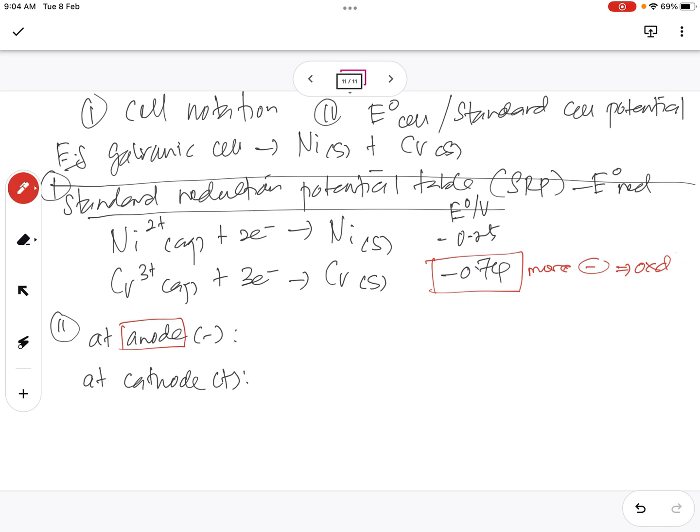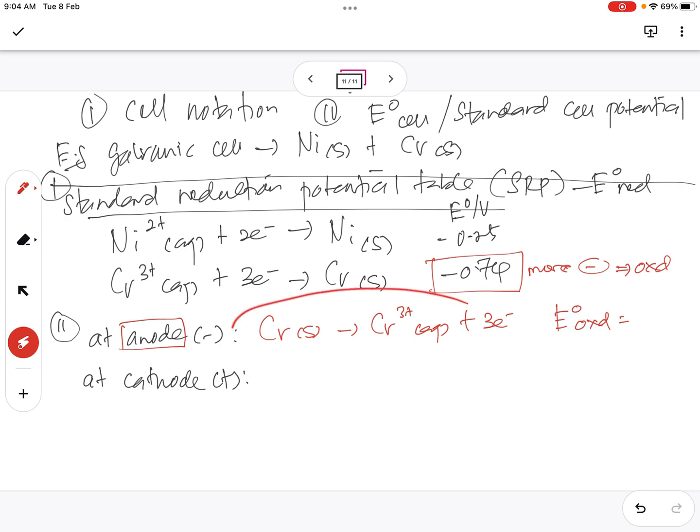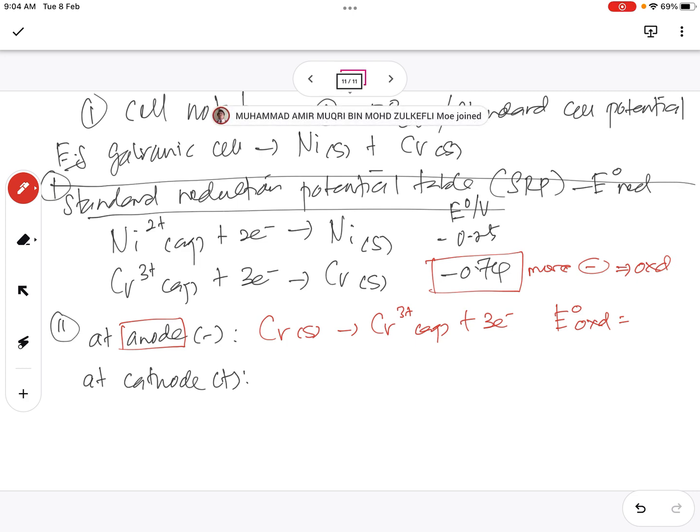That means we reverse the equation. Chromium solid gives chromium 3 plus aqueous plus 3 electrons. And do not forget, this is now E naught oxidation, because we already reversed the equation to oxidation. Okay, and then here we get the value positive 0.74 volt.